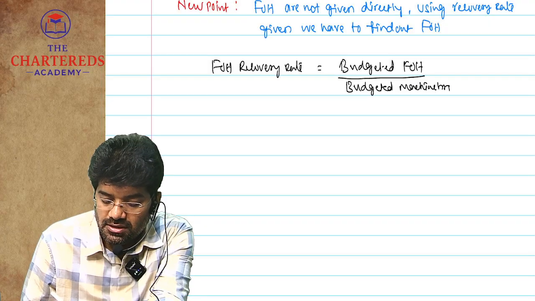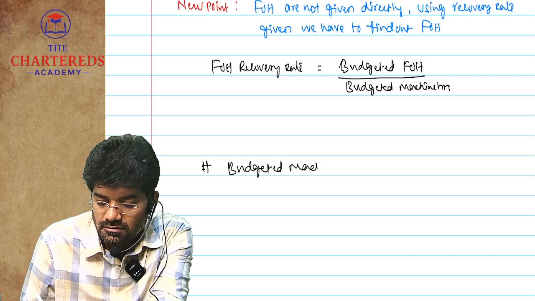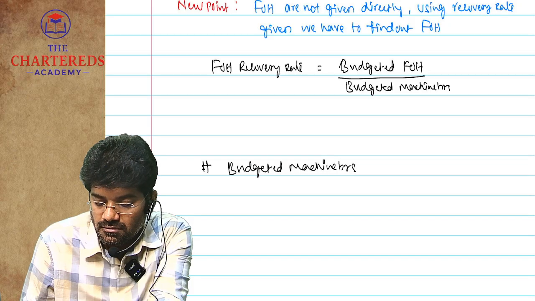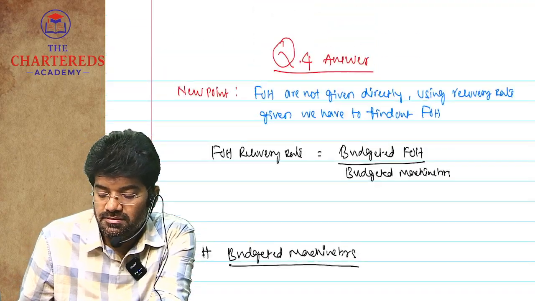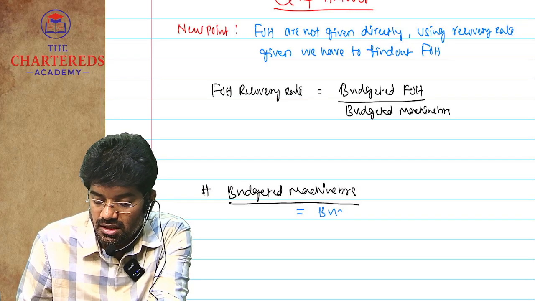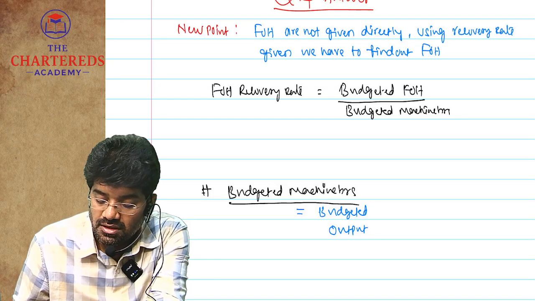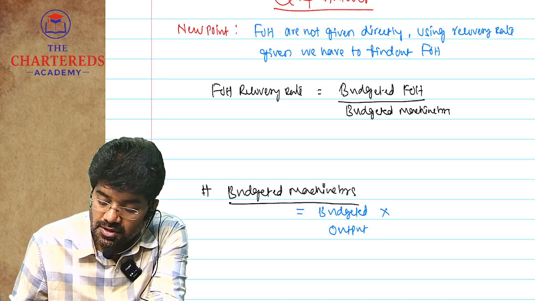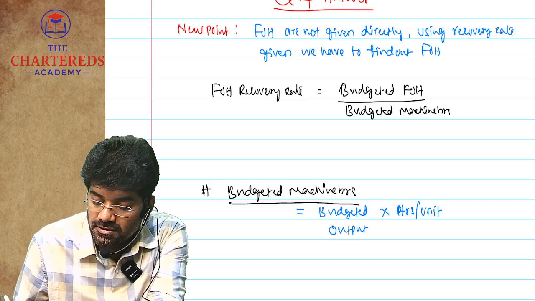So here you can show that budgeted machine hours. How to get budgeted machine hours? Budgeted output, or units, into machine hours required per unit.